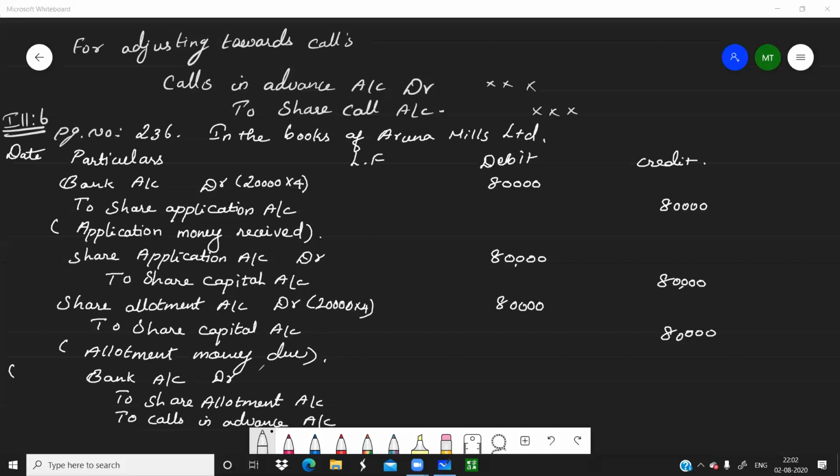The bank amount is 20,000 into 4 plus 300 into 2 rupees, because it is 2 per share on the first and final call. So 2 rupees advance: 20,000 into 4 is 80,000, plus 600, so 80,600 rupees. That's all.